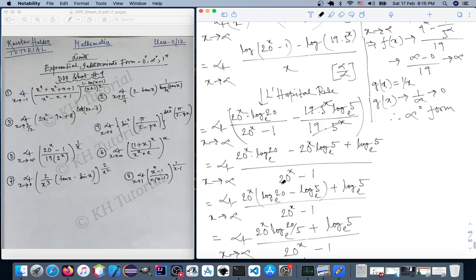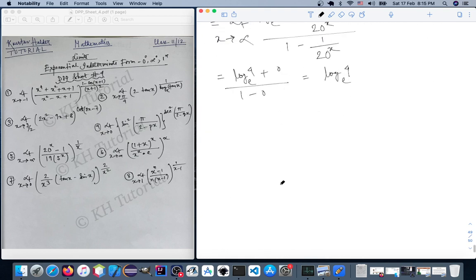So we get log of limit x tending to infinity y as log e 4. This implies the final answer limit is 4.